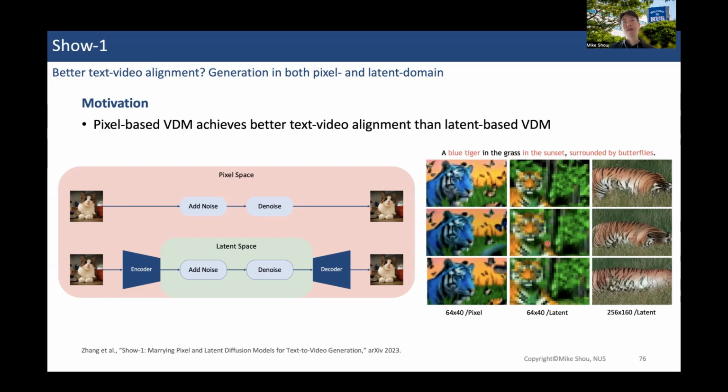But the latent model cannot. And it's not because the size is too small. When we increase the size, for example using a larger size latent model, it cannot capture the content either.